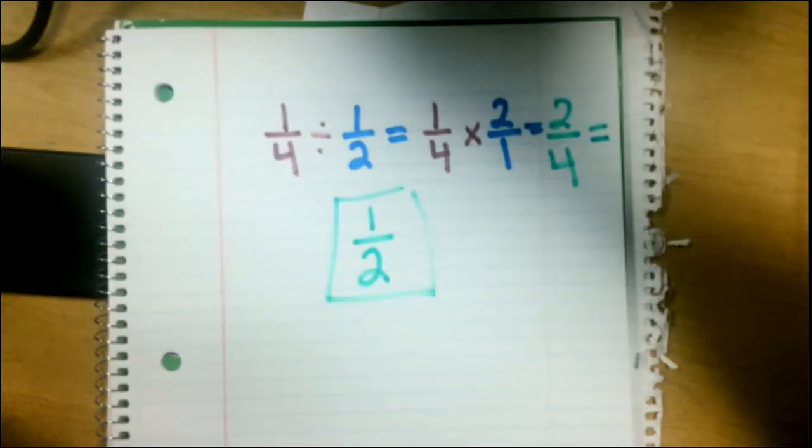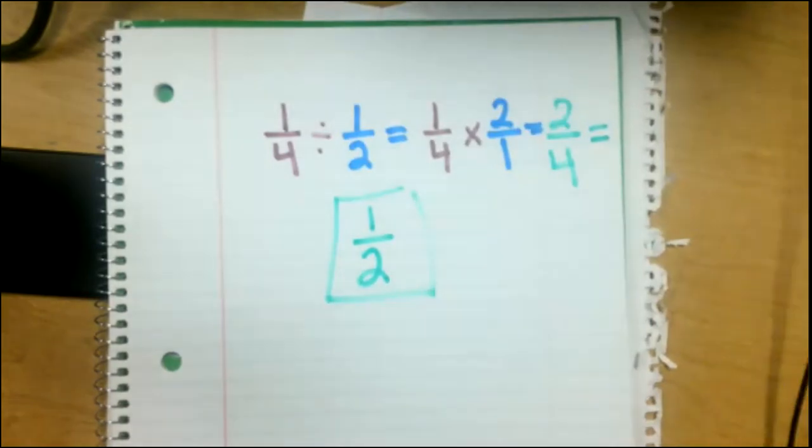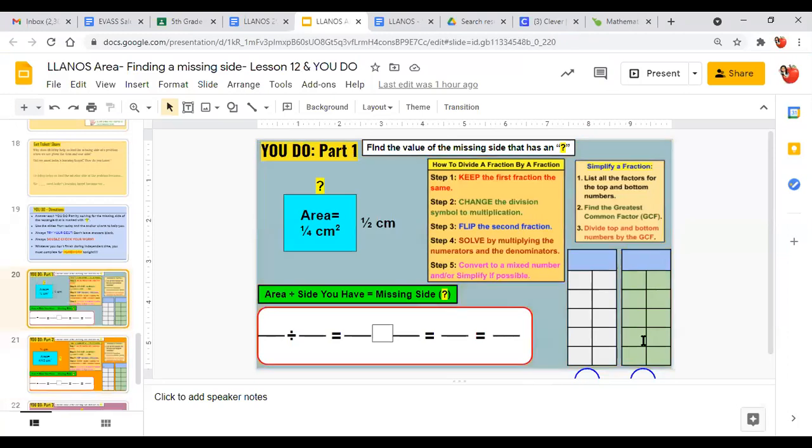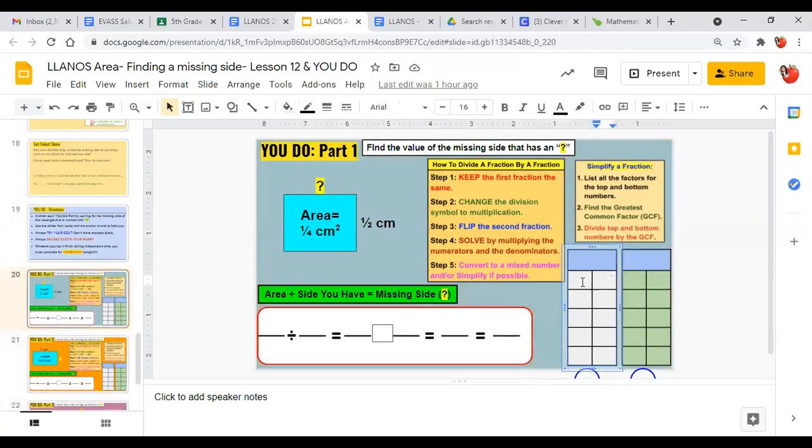After doing this one on your own, do you think you can do the rest on your own? Please answer on the chat. Just letting you know, you can write on this. Here you can write your factors if you need to. You can write the whole procedure and your work can be here. I'm going to post this right now.